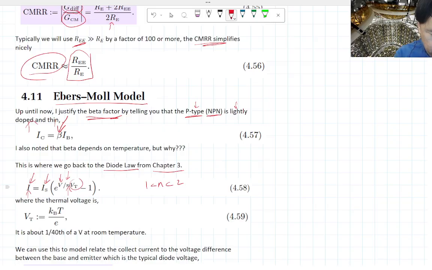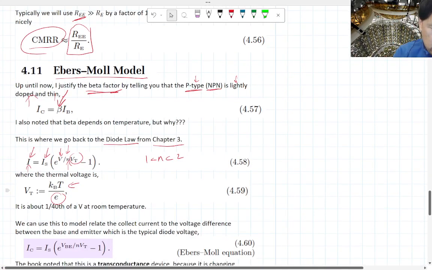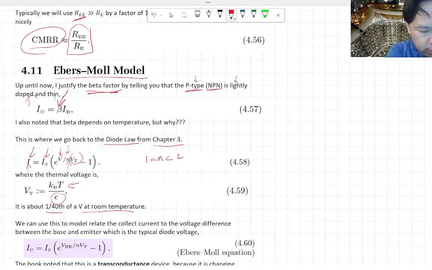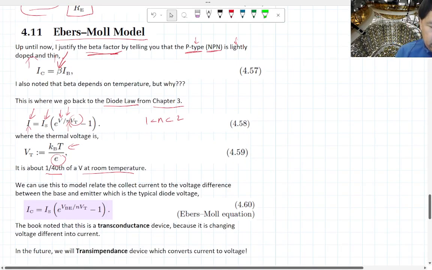And then Vt is this thermodynamic term, which is Boltzmann's constant K times the temperature in Kelvin divided by the charge of an electron. At room temperature, this thermal voltage is about 1/40th of a volt.